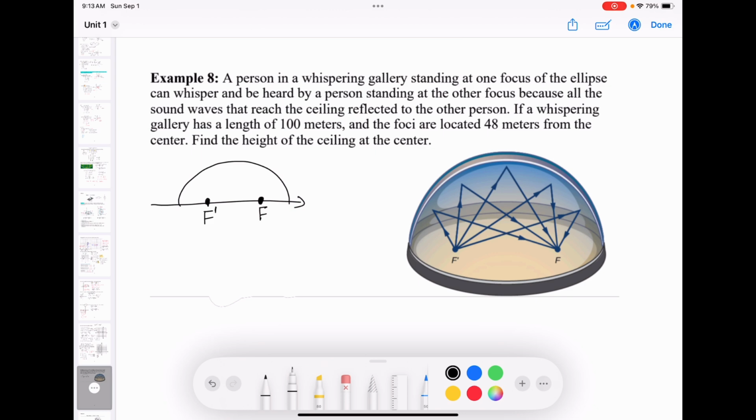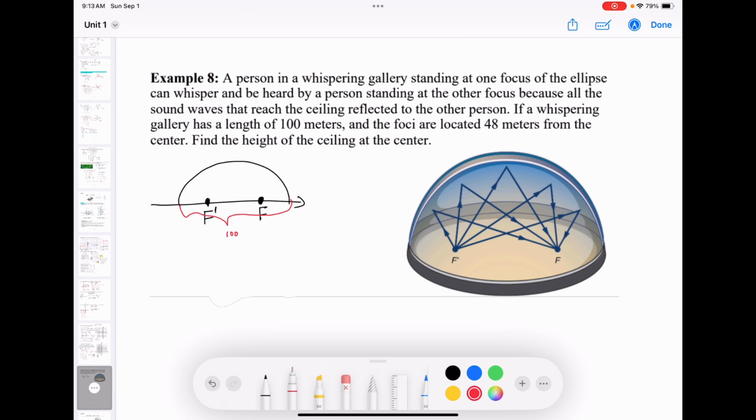So what's the question looking for? The given information is the length of this gallery from here to here is 100 meters. And the foci are located 48 meters from the center.